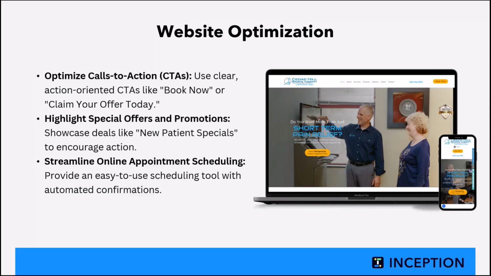The nice thing about Inception is that we work with so many ChiroTouch customers, and a lot of them have online scheduling tools on their website through ChiroTouch that we can link to the site, which clicks them over to a page where they can easily book online. That saves the patient time, and it also allows more people to book through your website because you make it really easy for them to do so.